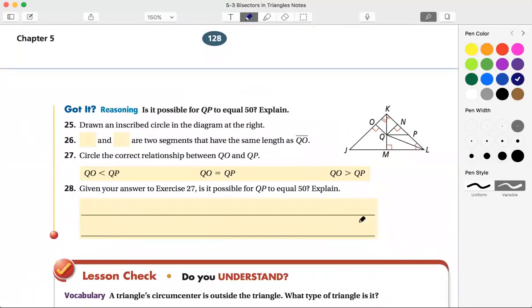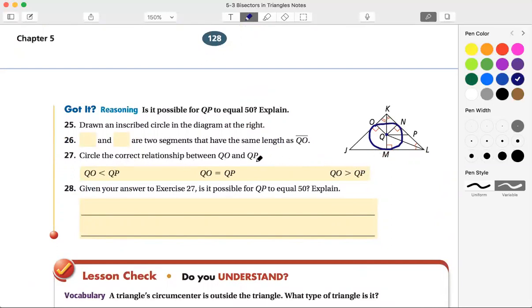All right, so draw an inscribed circle in the diagram. Here's the center of that circle, and here are the radii of that circle. So there we go. Done.